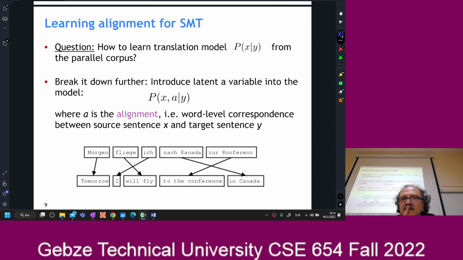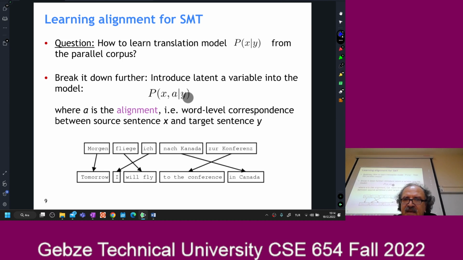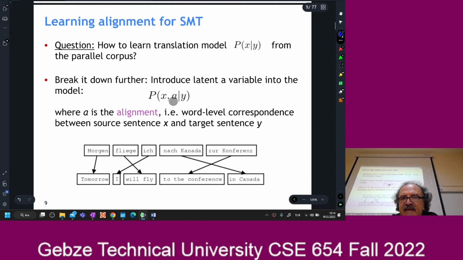We will break it into further analysis. We will say that given the English sentence, what is the corresponding German sentence and the alignment mapping?